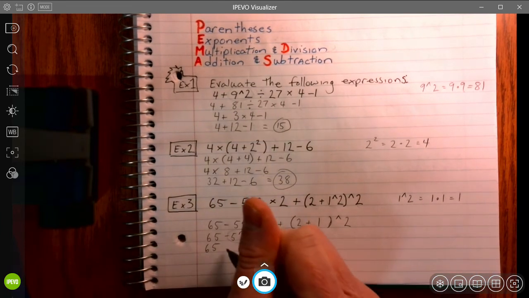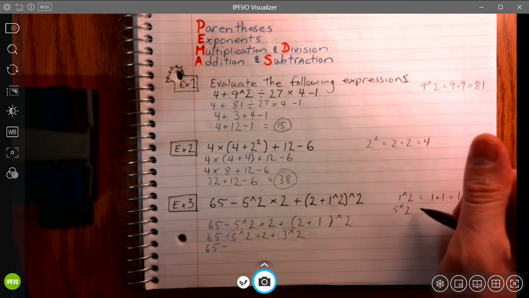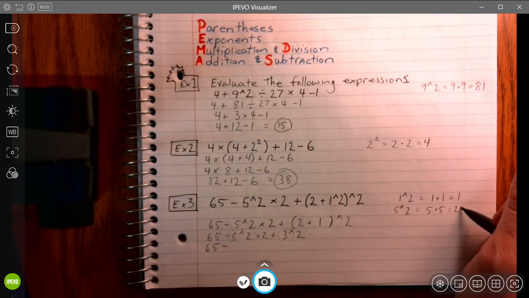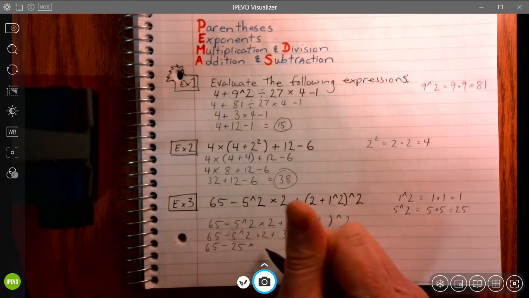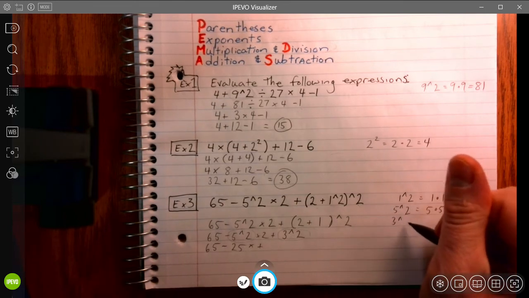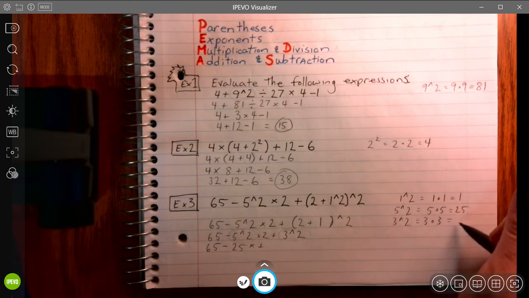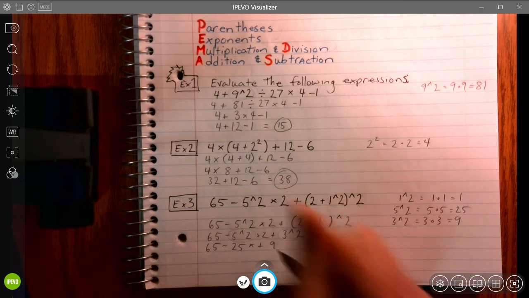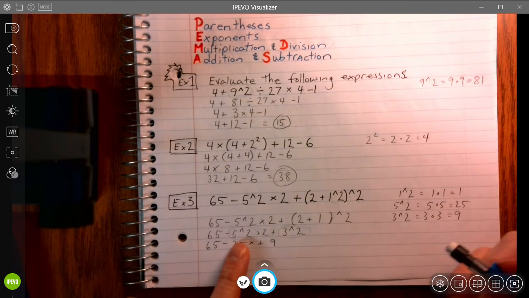So I'm going to have 65 minus 5 squared. Well, 5 squared is equal to 5 times 5, which is 25, times 2 plus 3 squared. 3 squared is equal to 3 times 3, which is equal to 9. Oh, I think I made a little bit of a mistake here.